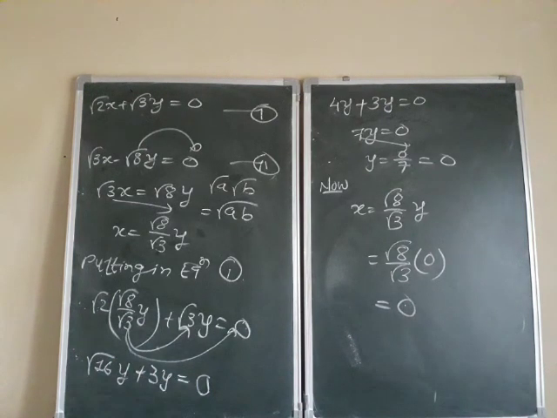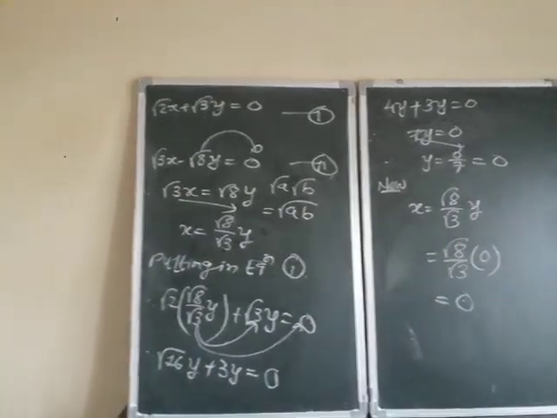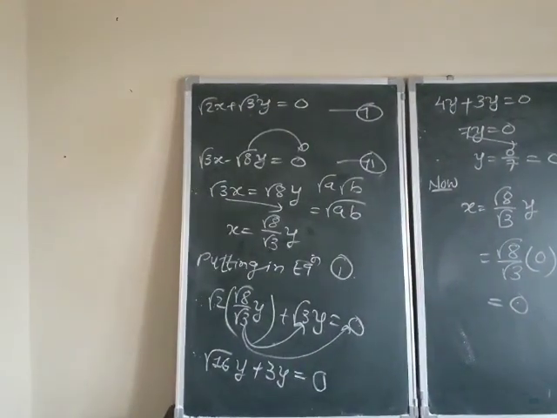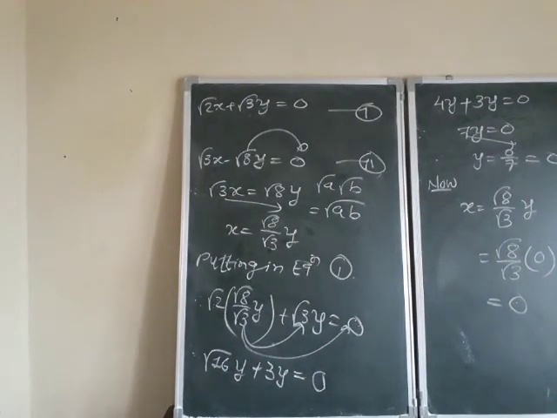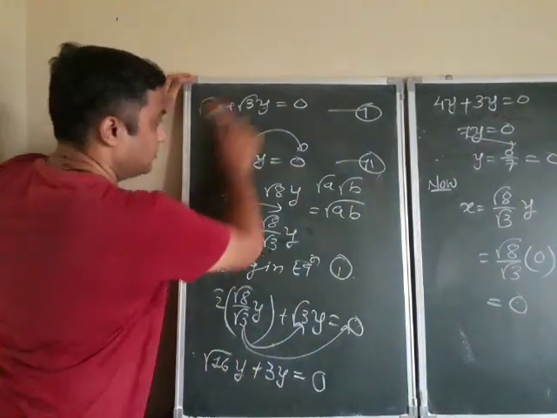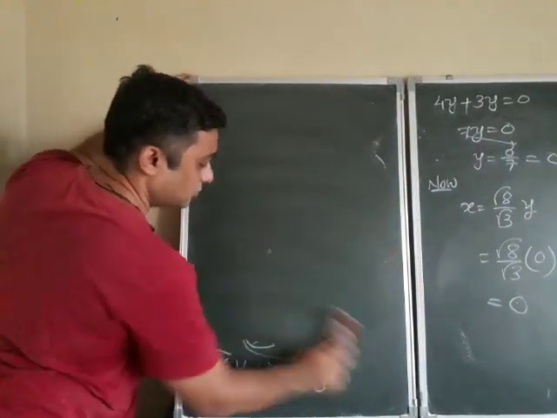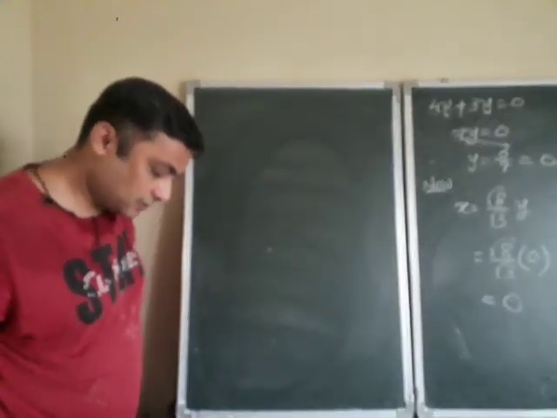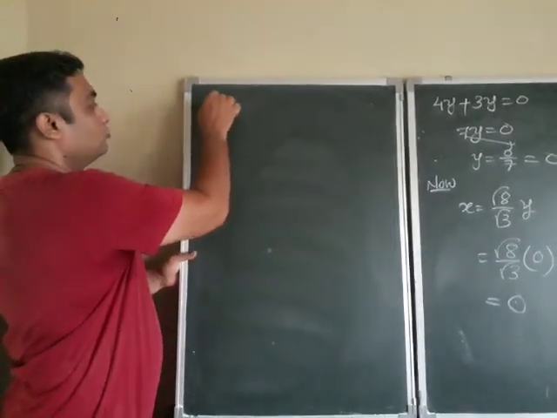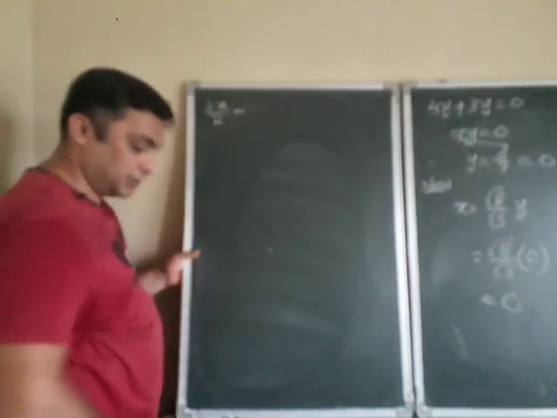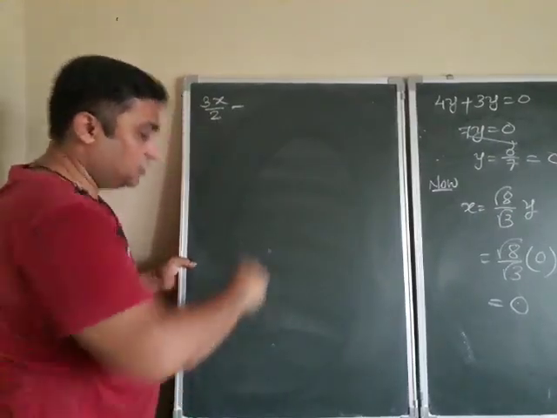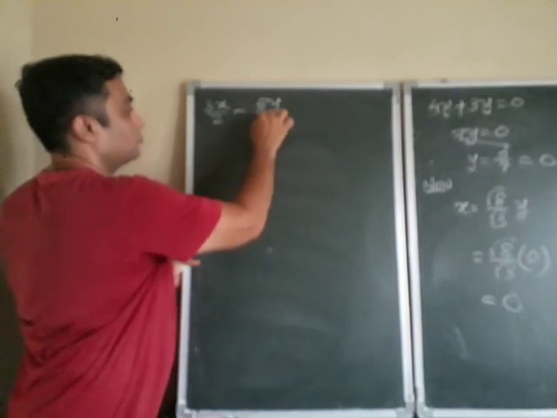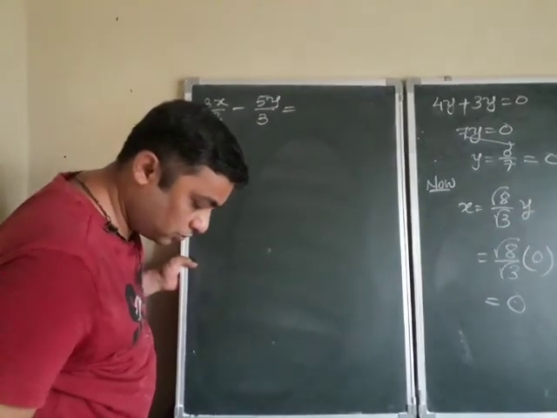Okay. See the next example. See next, example number 6. 3x upon 2 minus 5y upon 3 is equal to minus 2.